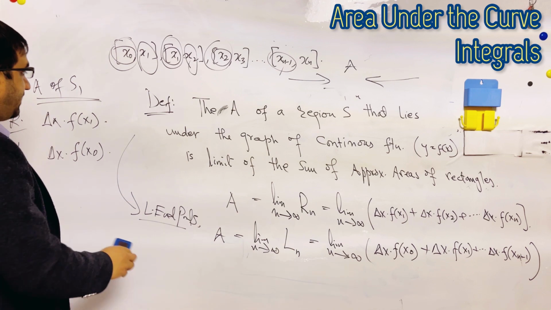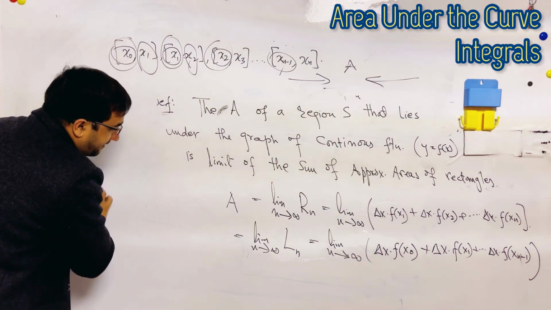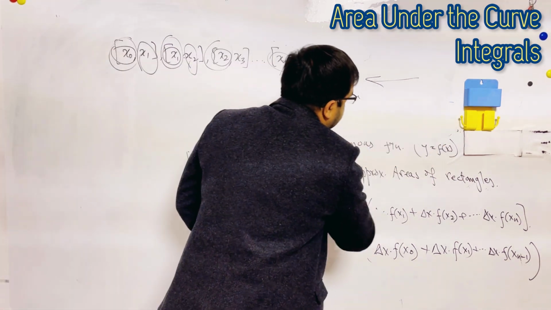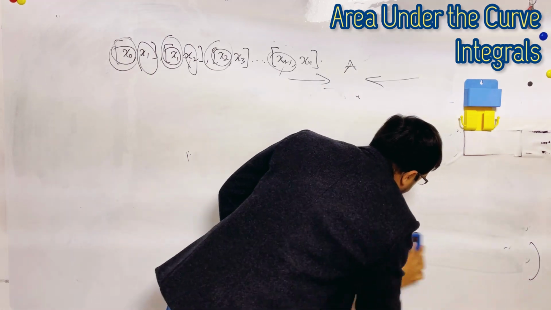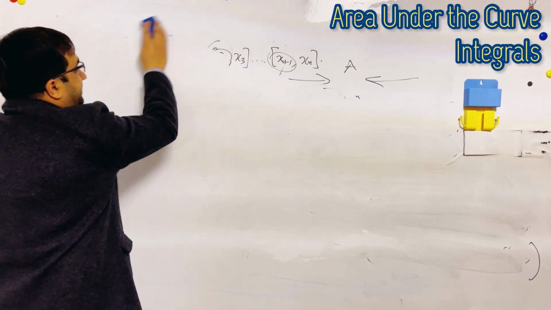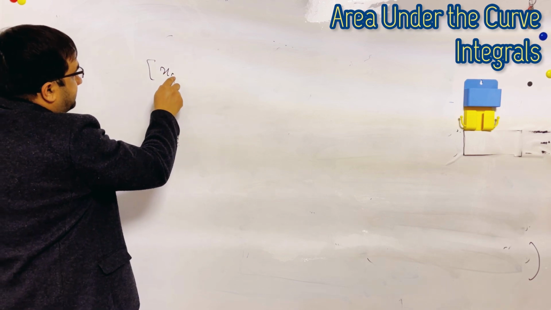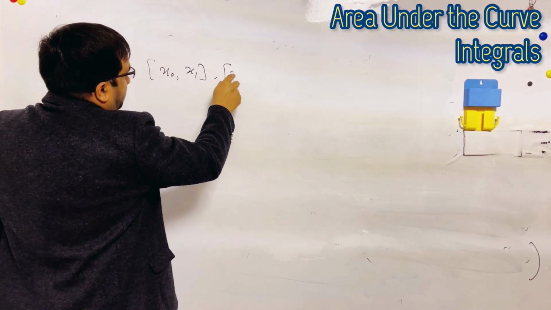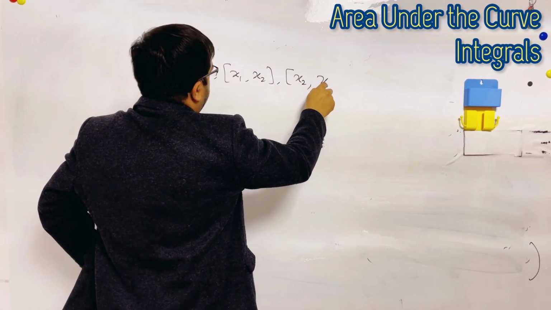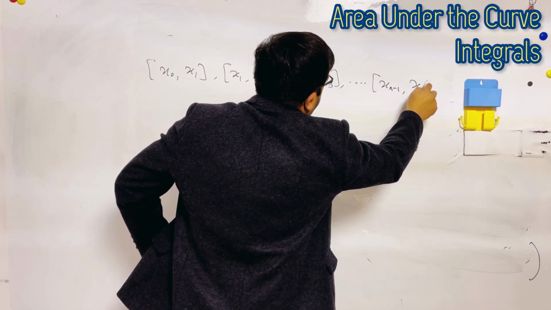Now, there is one more thing we can do to make things easier. Instead of focusing on the left point or the right point, the intervals are these: x0 to x1, and so on up to xn minus 1, xn.